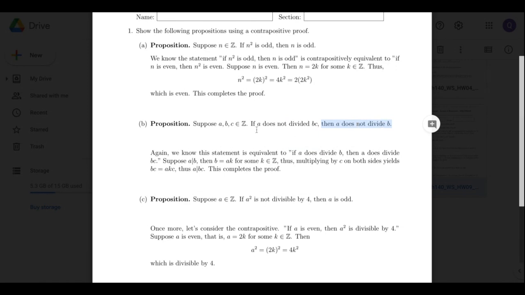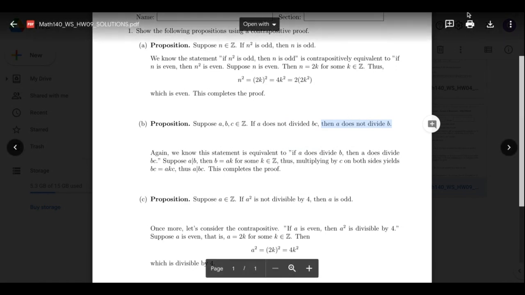Then we want to show a divides bc. So we assume a divides b to show a divides bc.